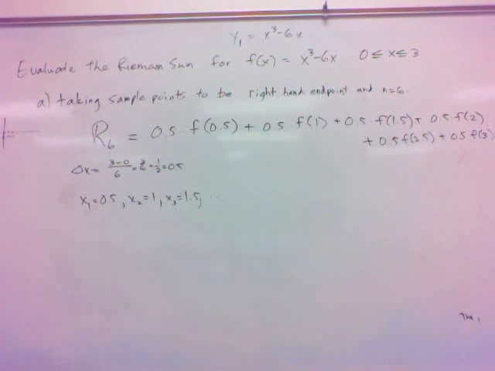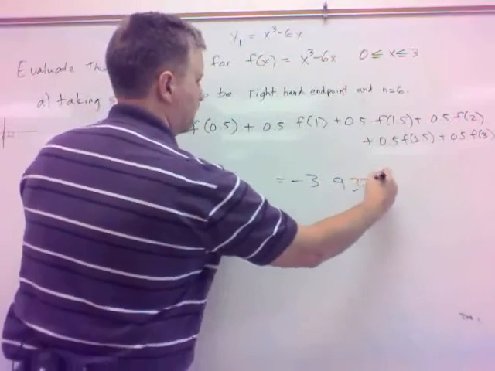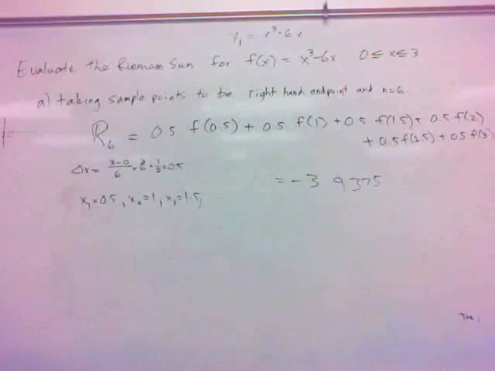So we got it? Yep, that's what I got too. Negative 3.9375. That's R6. Okay.